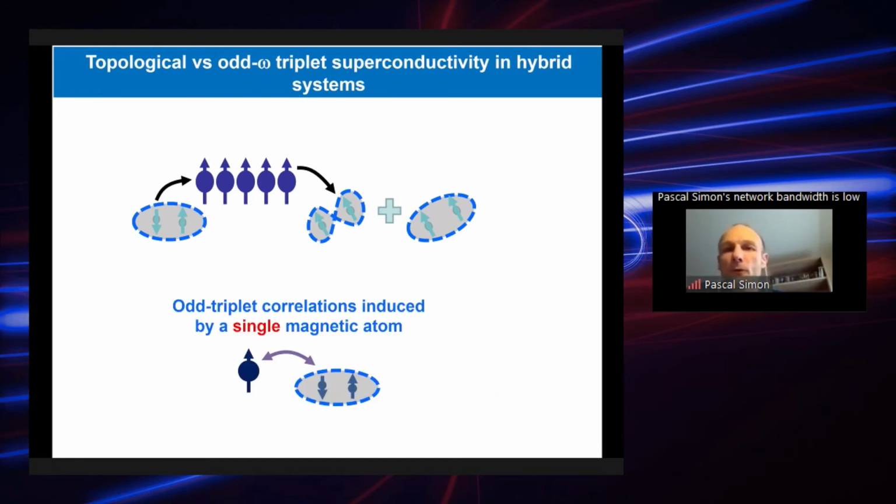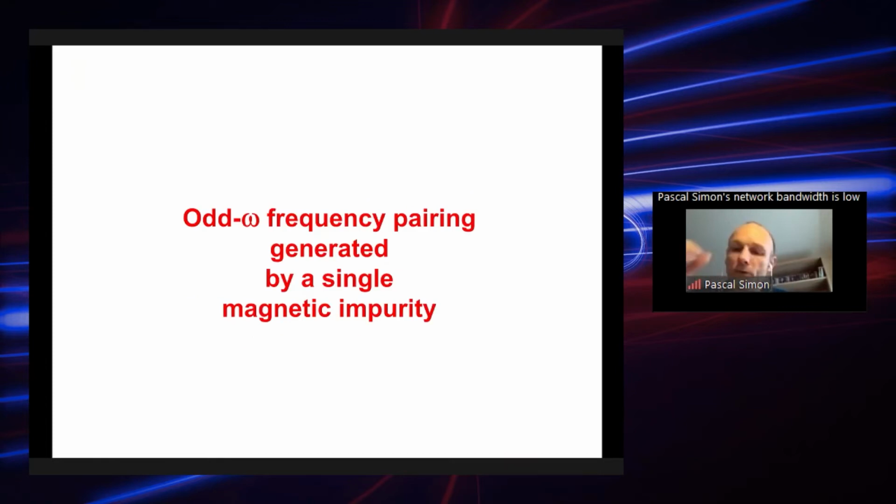If I consider a single impurity immersed in a superconducting substrate, can I find a signature of such odd frequency pairing? So this is what I want to emphasize and show you.